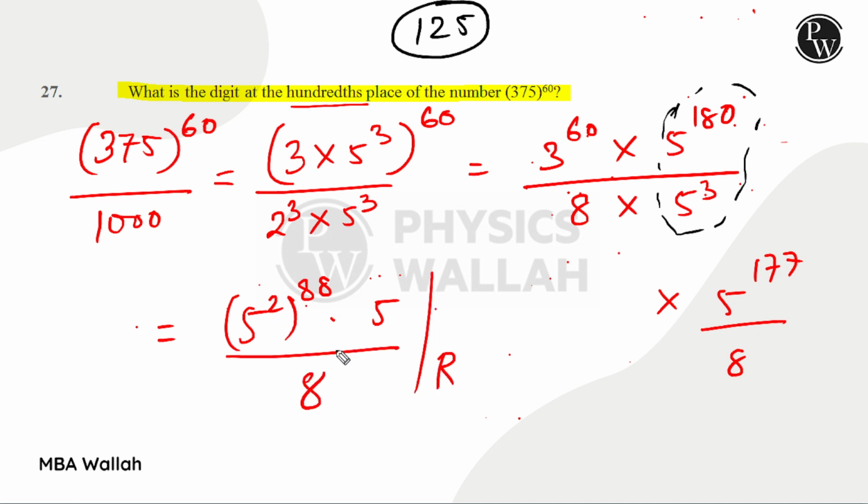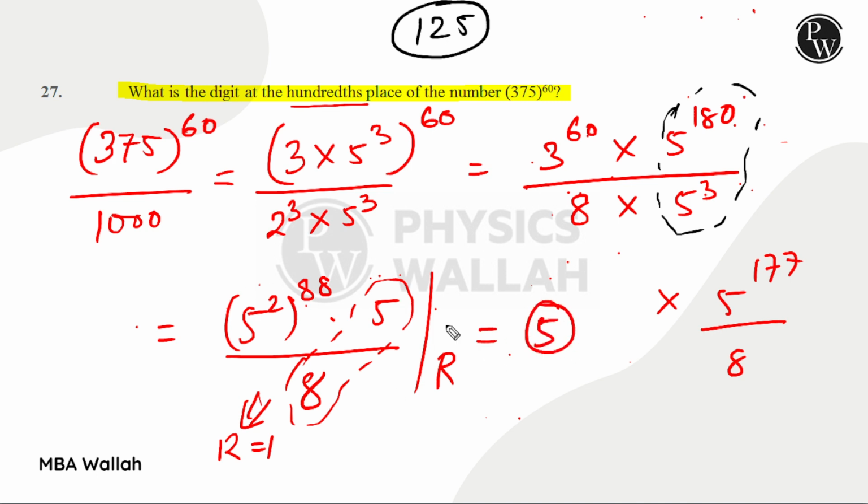Now please understand that 5 and 8 are also co-prime, so again with the application of Fermat's little theorem, because 5 is raised to the power of 4k, 4 being the Euler number of 8, the remainder for this part also will be 1, but there is an additional 5 that is multiplied into this expression. So the remainder for that entire expression will come out to be 5.